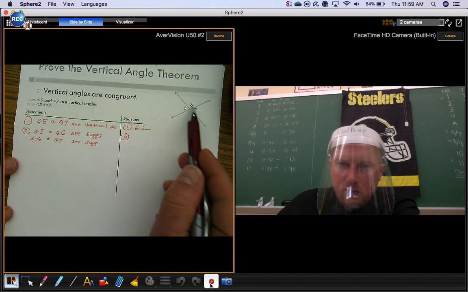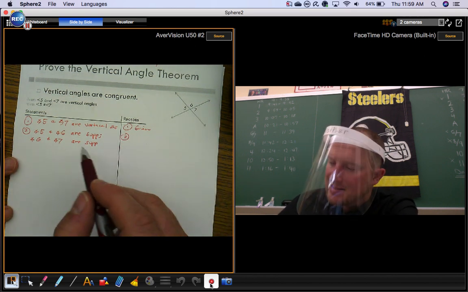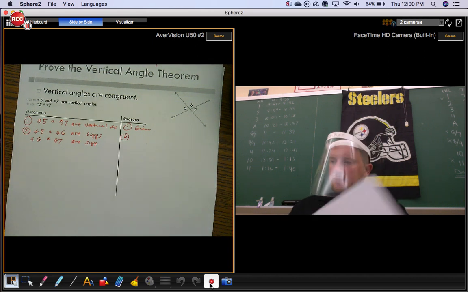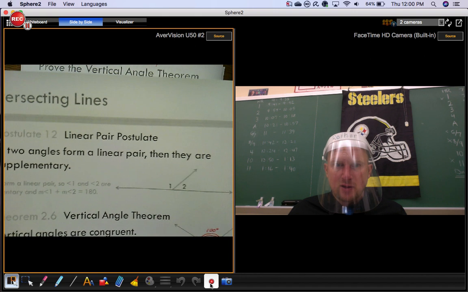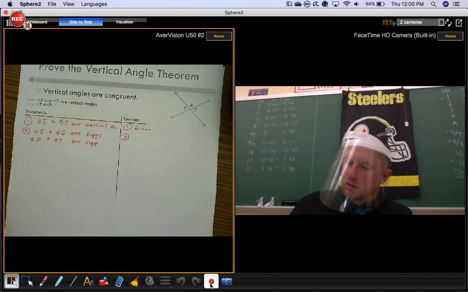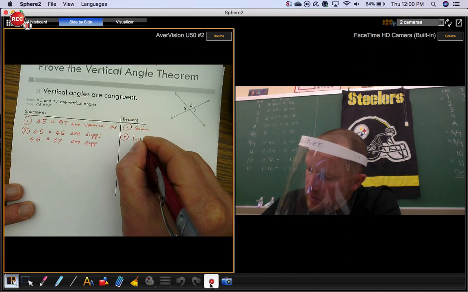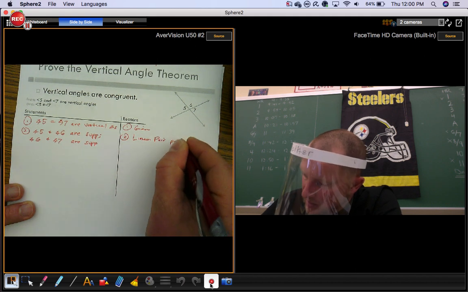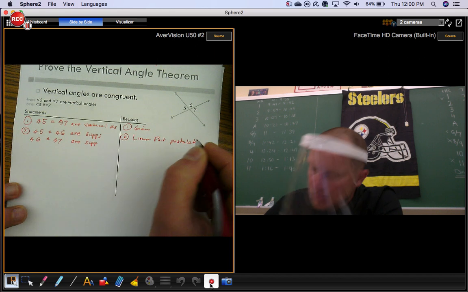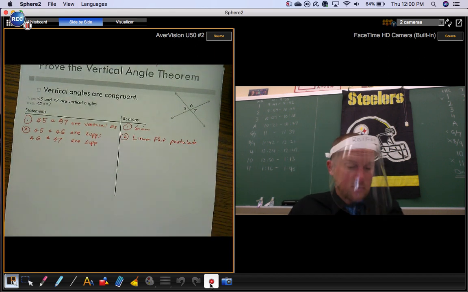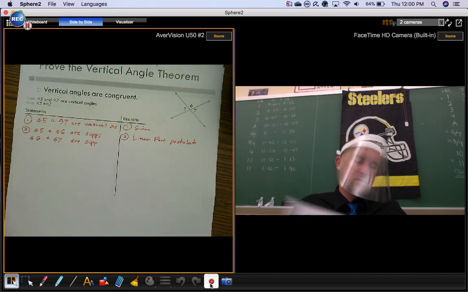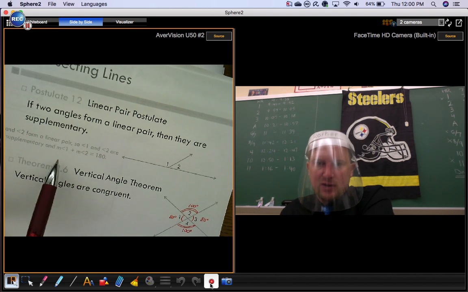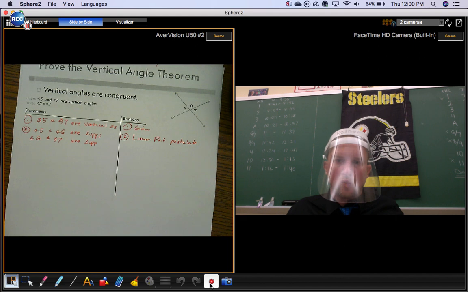If I notice that I have a linear pair, I can say that the angles are supplementary. That's what we talked about in the last video with the linear pair postulate. Using this postulate saves me a lot of work in this proof, because I don't need to state all of this as 3 different steps. I can just state it as one.